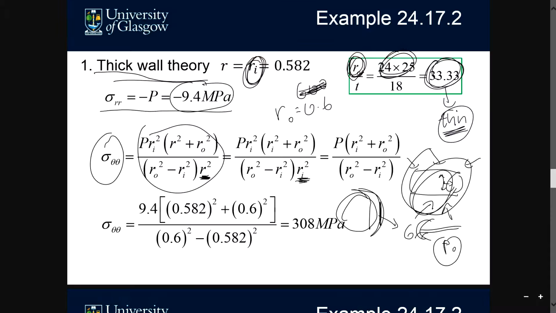You can cancel, and the rest you calculate. I won't do that, because it's simply subbing in your outer and inner radius. It's straightforward.